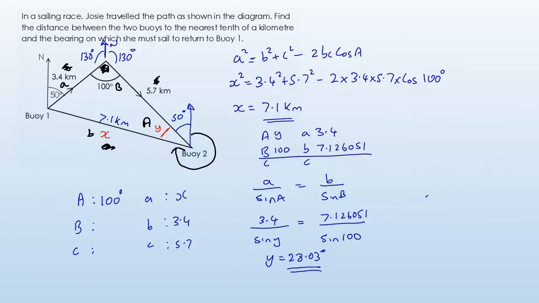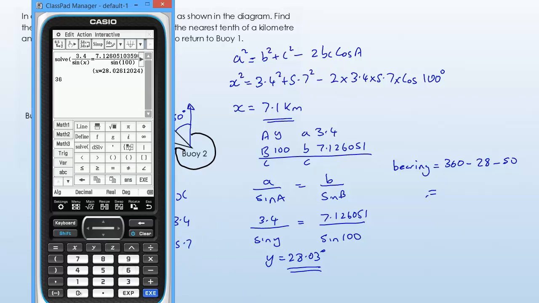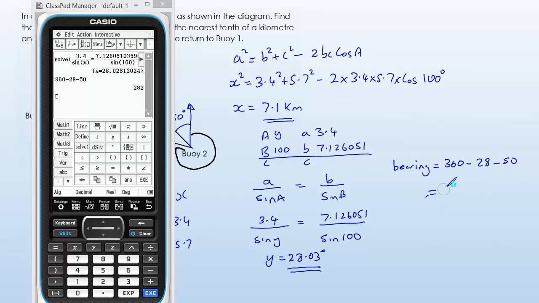We know all the way around is 360, so my bearing is going to be 360 take away 28. I'm going to give it to the nearest whole number anyway. And take away the 50 from here. So 360, take away 28, take away 50, and that's 282 degrees.